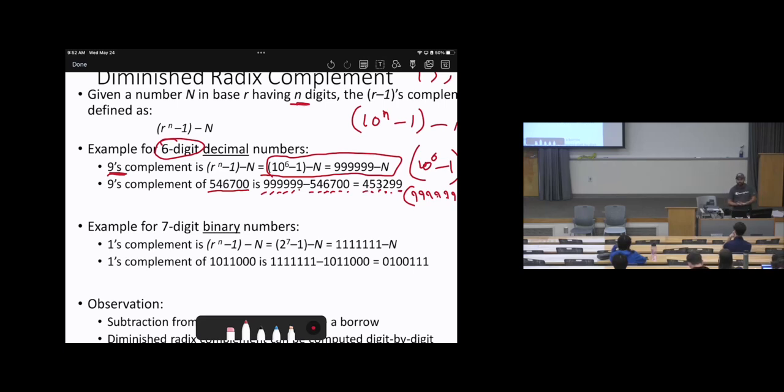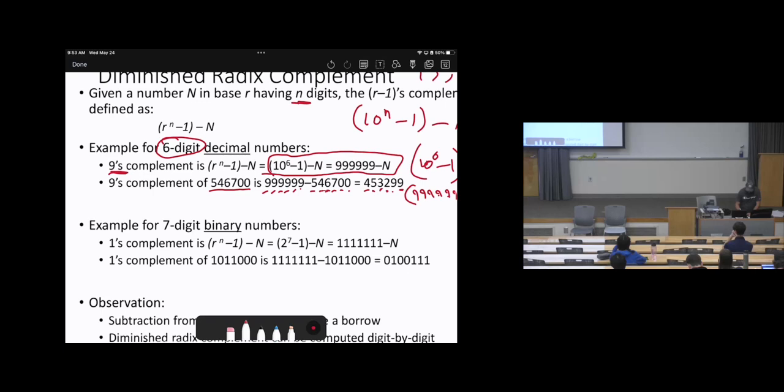So to find 9's complements, sometimes you don't need to overdo it like this. You can subtract each digit from 9. So let's assume we have this number in decimal: 1, 1, 1, 1, 3, 4.